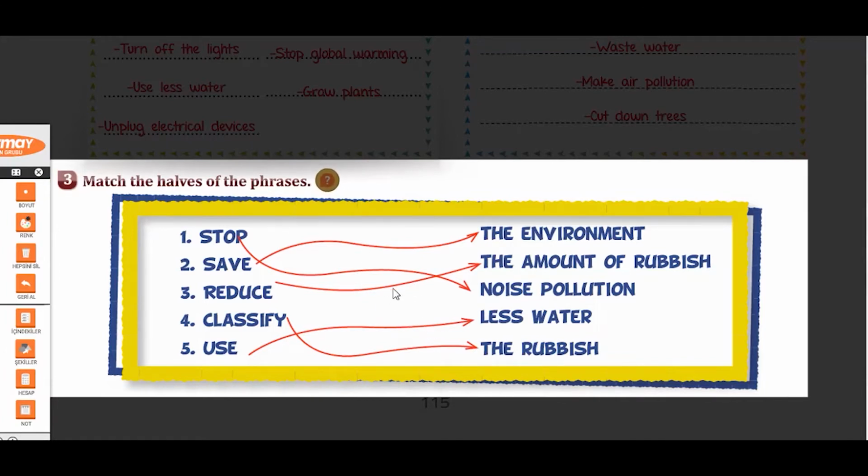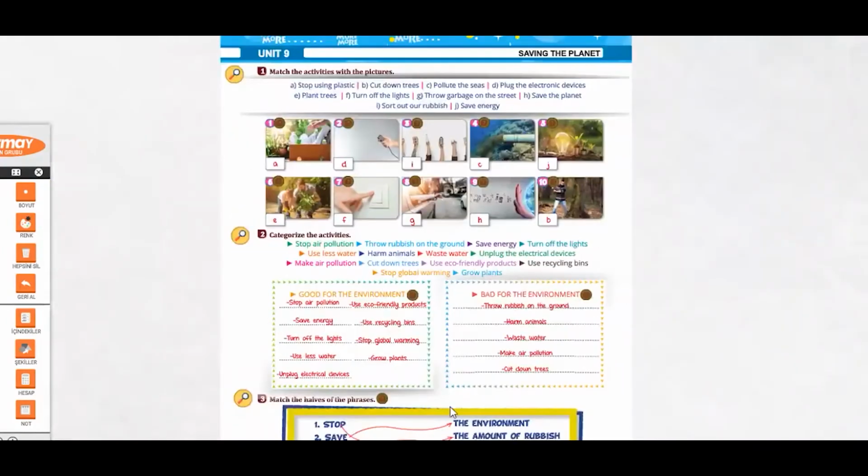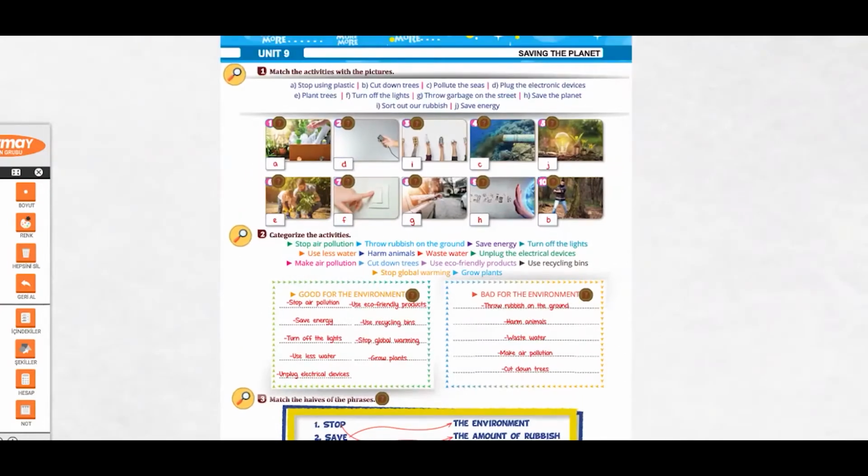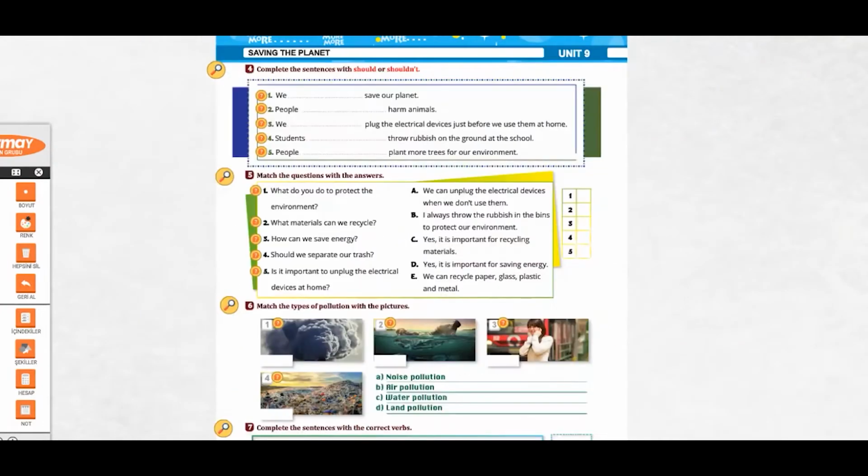All of these activities help save our planet. Okay, next page. Let's check again. Now let's go to the next page.